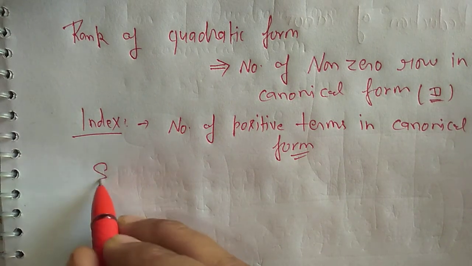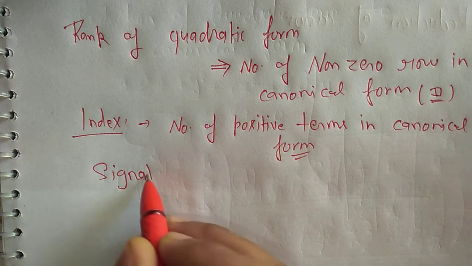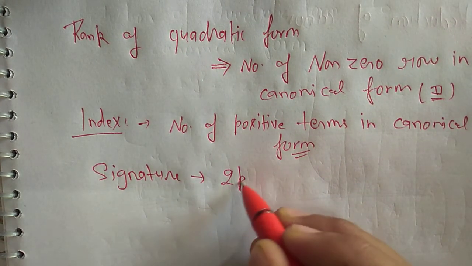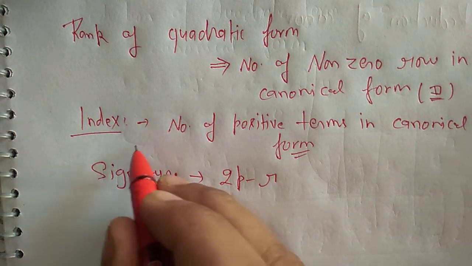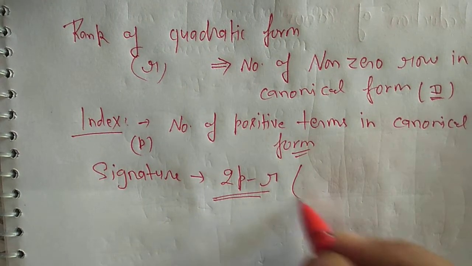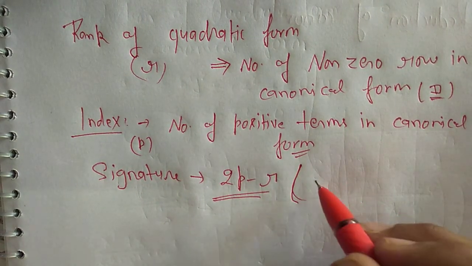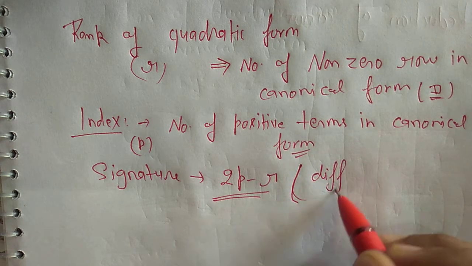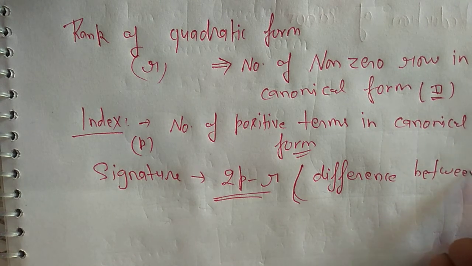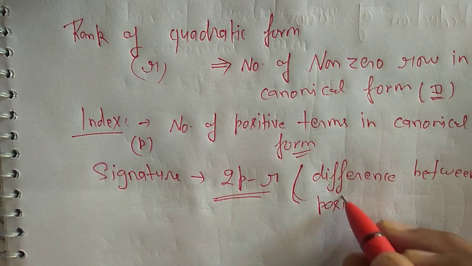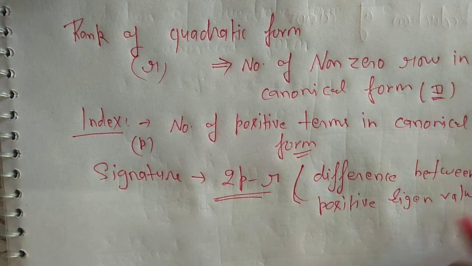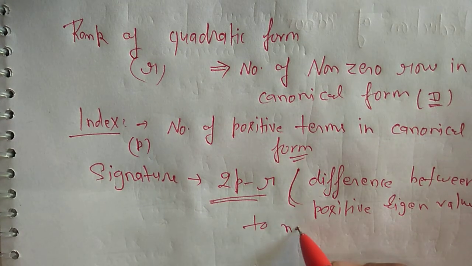And we have the signature, which is 2p minus r, where p is the index and r is the rank. 2p minus r is also the difference between the positive eigenvalues and the negative eigenvalues.